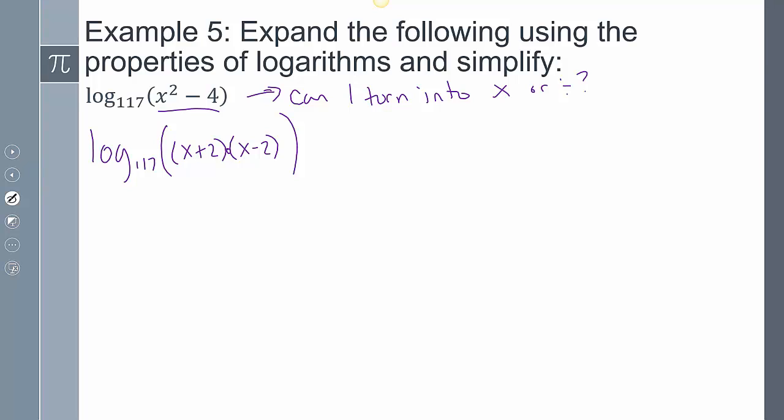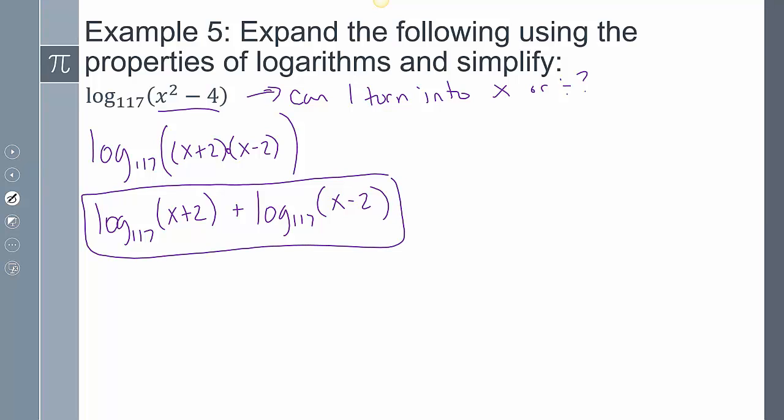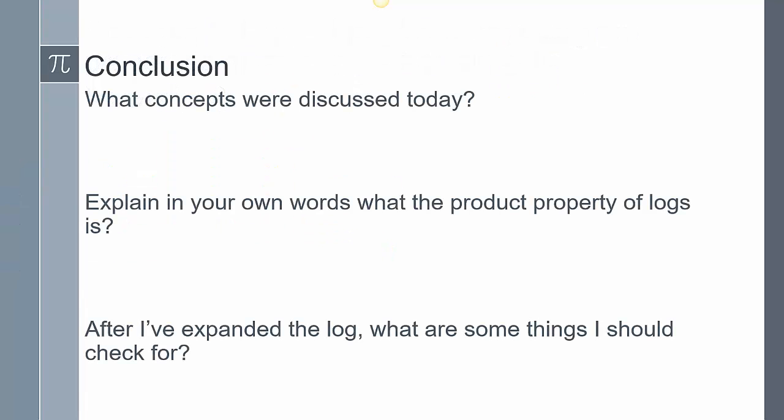Now that I'm multiplying those, you can break it apart with addition. So log base 117 of x plus 2 plus log base 117 of x minus 2. And that's our result. So just understand that if it's not written as multiplication or division, you may have to employ other tactics to be able to separate them.